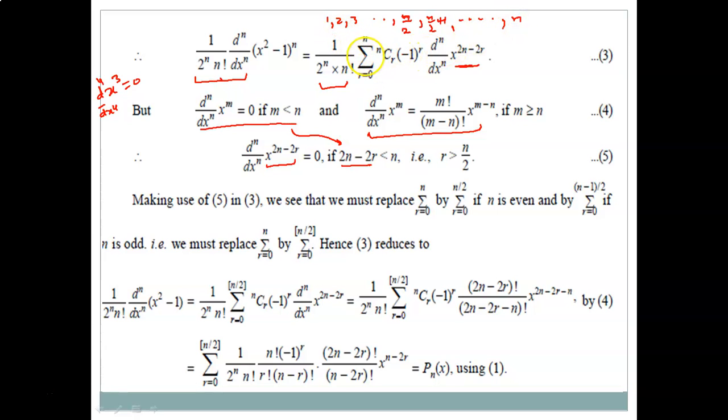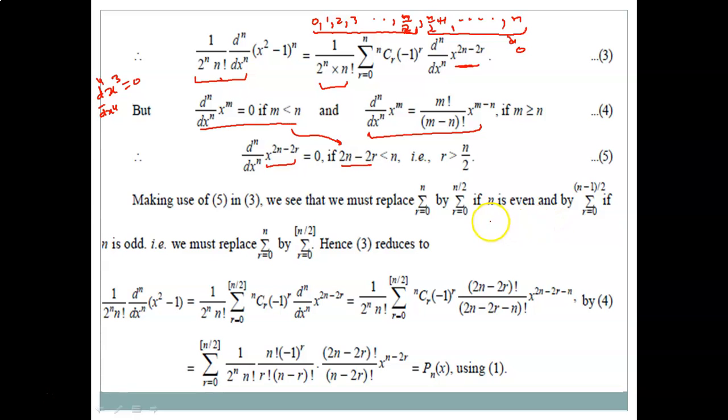If we break this whole summation into r going from 0 to n by 2 and r going from n by 2 plus 1 to n, then for the values when r is greater than n by 2, the expression gives you 0. That means this derivative gives you the 0 value, and consequently all the terms where r is greater than n by 2 are 0. Therefore this summation can give you some value only when r is varying from 0 to n by 2.